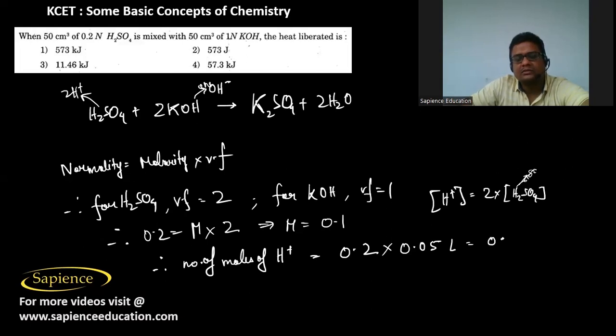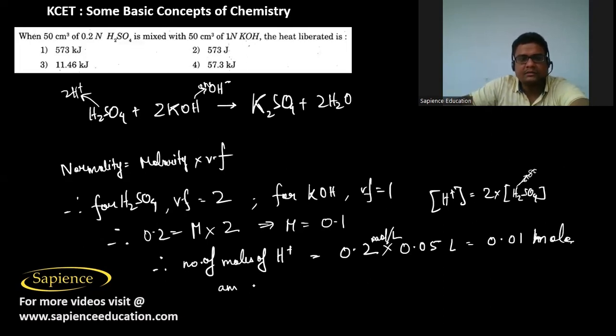2 5s are 10, so that is 0.01. This is in mole per liter, and this is in liter, so it will be 0.01 moles of H plus ion.